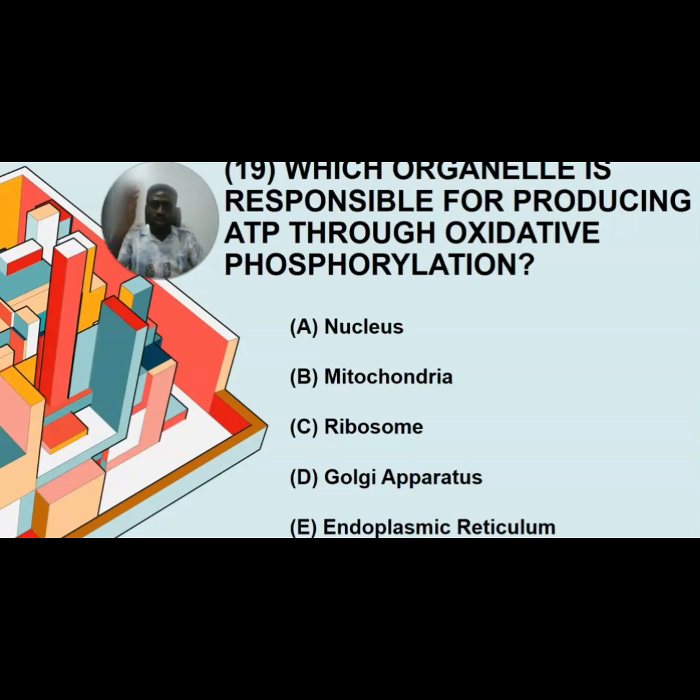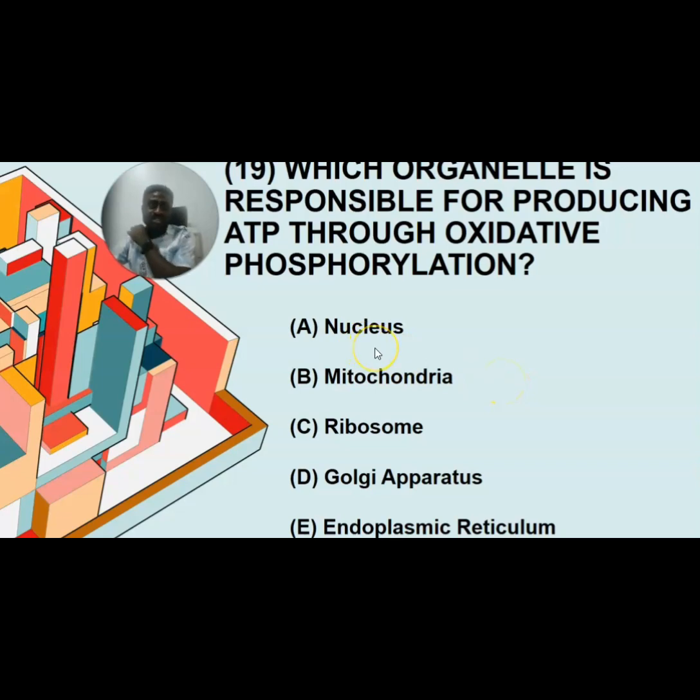So which of these organelles does this job? You have A, nucleus, B, mitochondria, C, ribosome, D, Golgi apparatus, E, endoplasmic reticulum. I know you've done this under cells and cell transport, and we've known the function of each component or organelle, so this answer should not be far-fetched. The answer is option B, mitochondria, because it is the powerhouse of the cell.